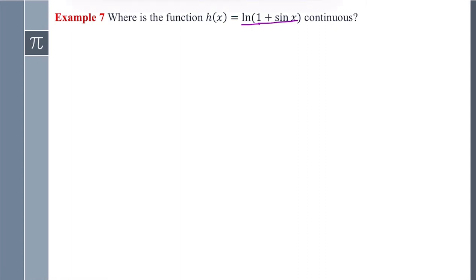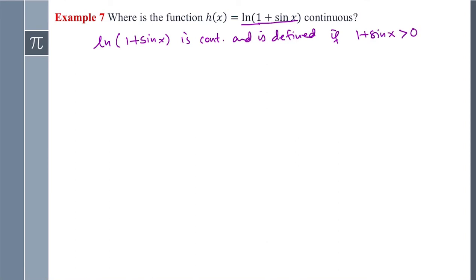It is only the positive numbers. So ln of 1 plus sine x is continuous and defined only if 1 plus sine x is greater than 0. Otherwise it's not defined.